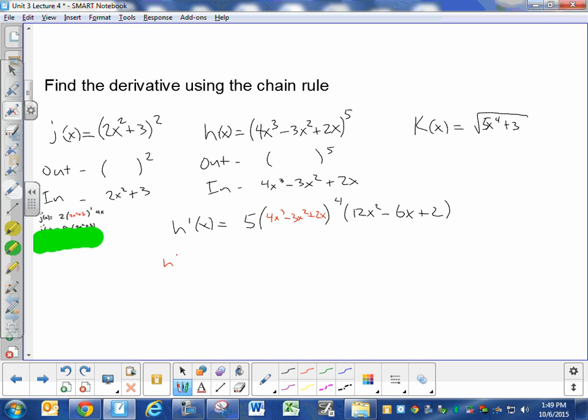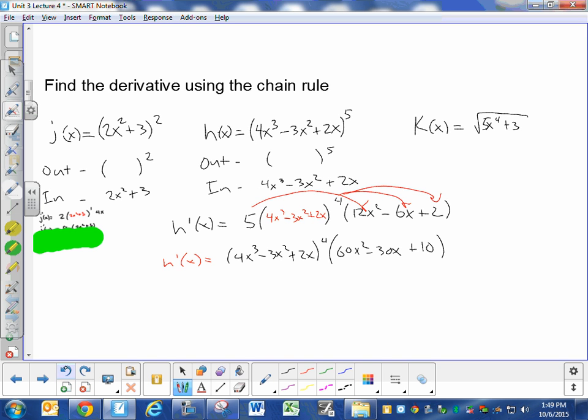So maybe for a multiple choice question, you'd be expected to rewrite this way. Something like that, okay? That's just taking this 5 and distributing into here, here, here.